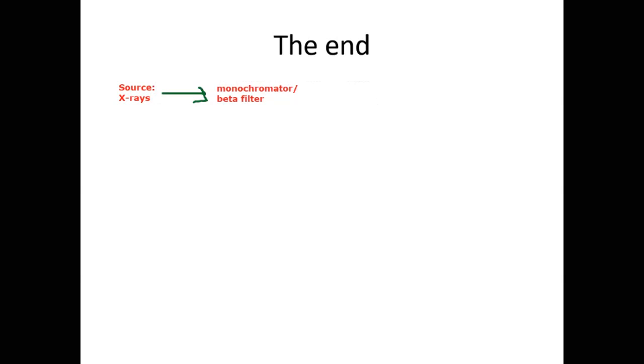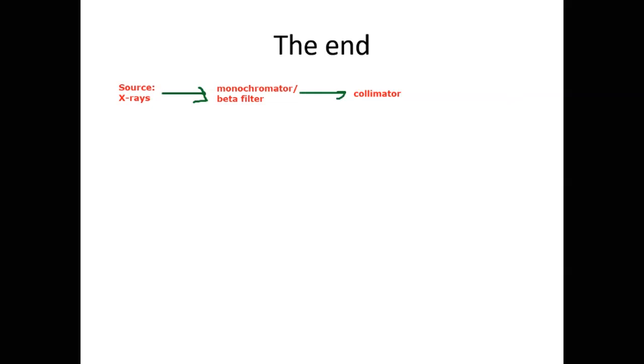So the X-rays travel from the source to the monochromator. And then from the monochromator, it goes to a collimator, where it's focused into a coherent beam.